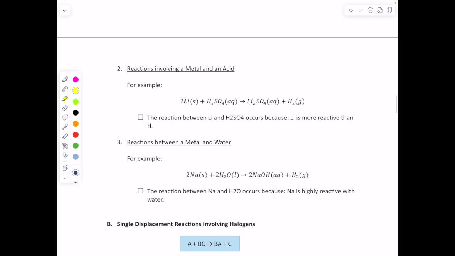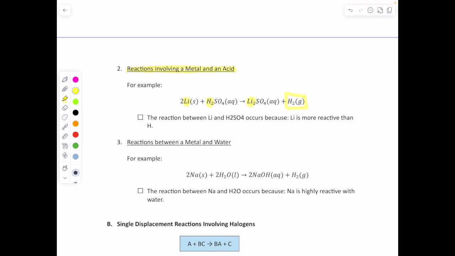We have reactions involving metal and an acid. So we have lithium and H2SO4. In this case, lithium is going to displace hydrogen, producing lithium sulfate and hydrogen gas displaced on its own.